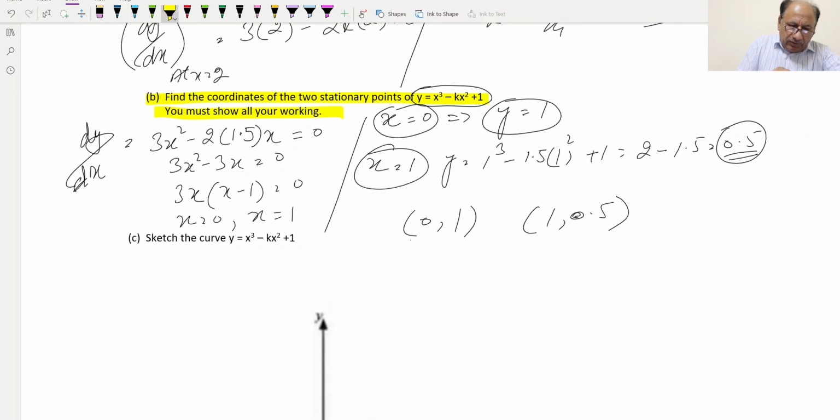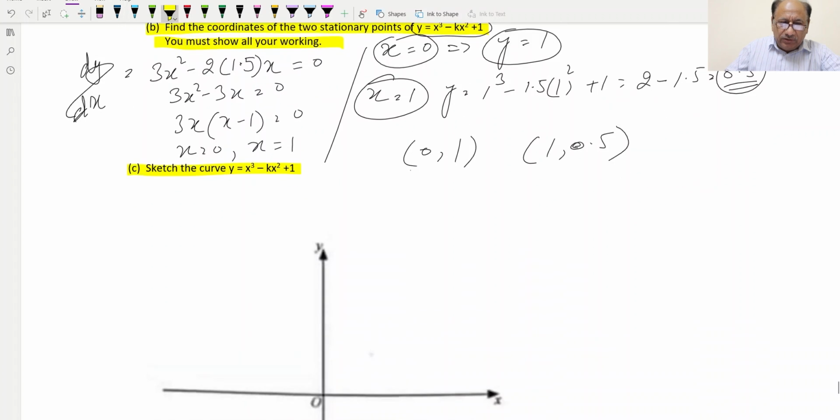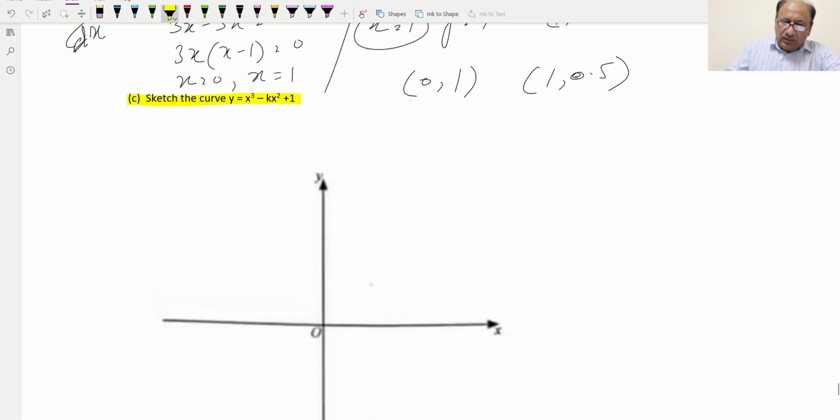Now for the C part, sketch the curve. For sketching the curve, we require the points of intersection. At x is equal to 0, y is equal to 1. We can take this as x is equal to 0, and 1 is this one, and for 1 we can take this one, and this will be 0.5.